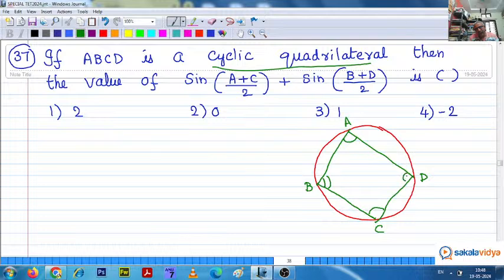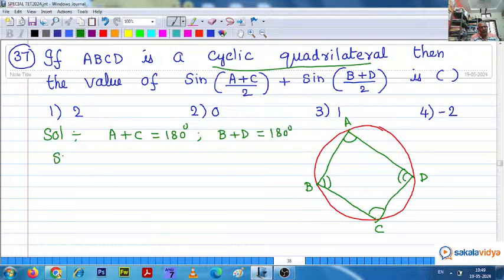So that means the fact is that if ABCD is a cyclic quadrilateral, angle A plus angle C is equal to 180, and angle B plus angle D is also 180. Simply substitute in the expression: sine of 180 by 2 plus sine of 180 by 2.